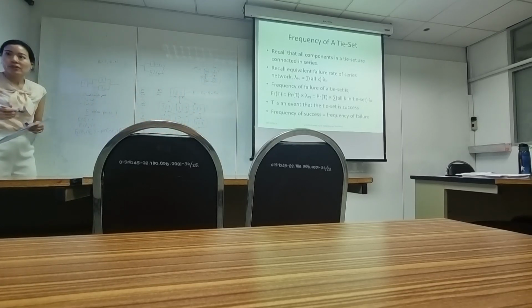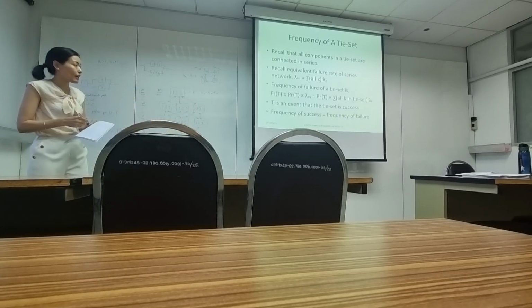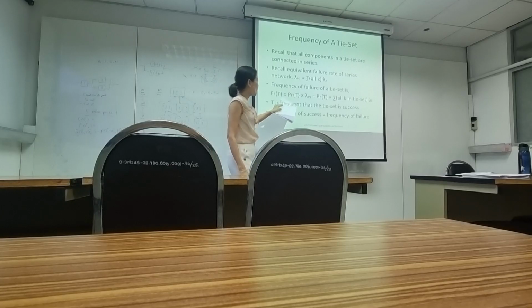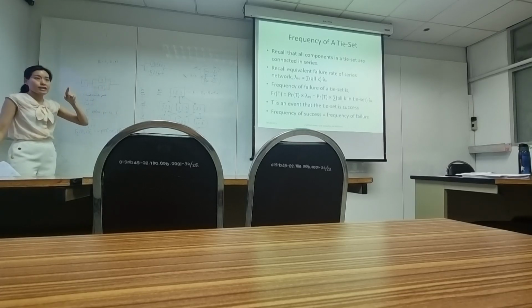So you can find the equivalent failure rate to be lambda 1 plus lambda 2. The equivalent failure rate of a tie set will be the summation of all the failure rates in that tie set.